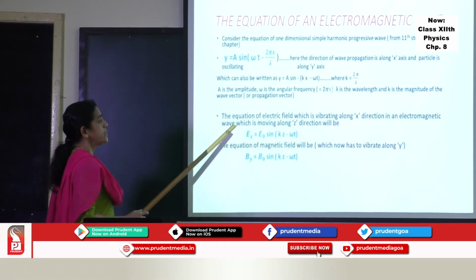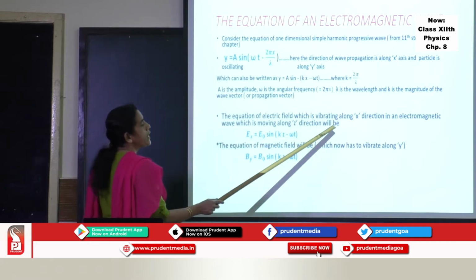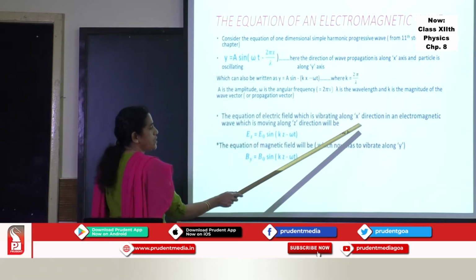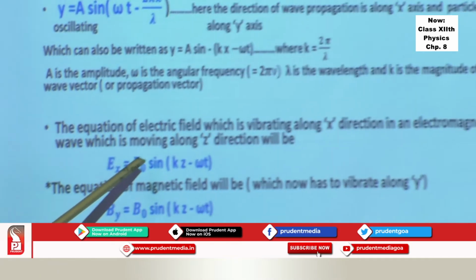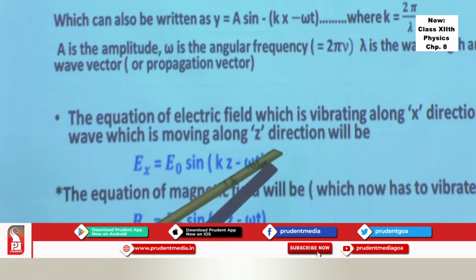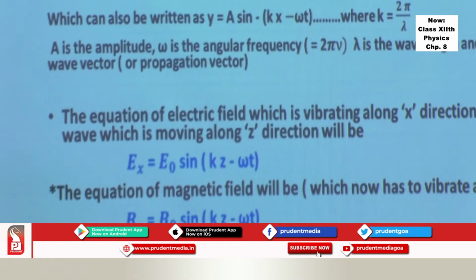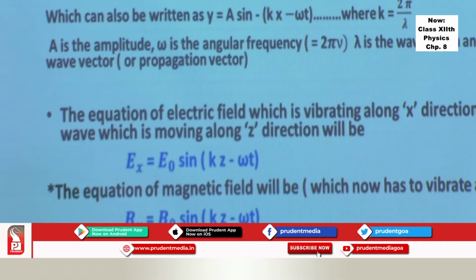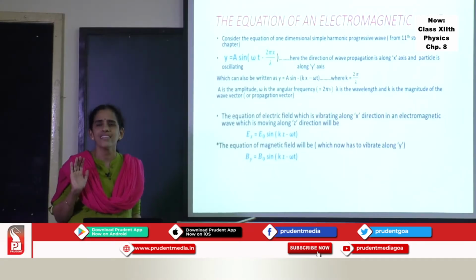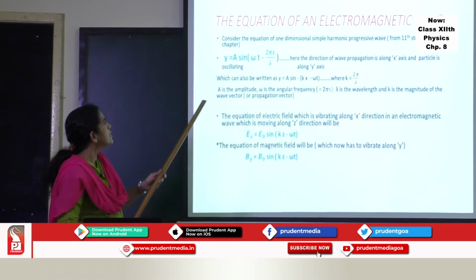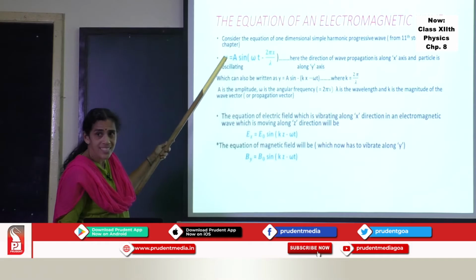Look here. The equation of the electric field, which is vibrating along the x direction in an electromagnetic wave moving along the z direction. Now, you may wonder why I am changing all these things, but these are the things in the textbook, and let us follow the textbook sincerely. The only difference is this y: the particle was oscillating along the y axis.